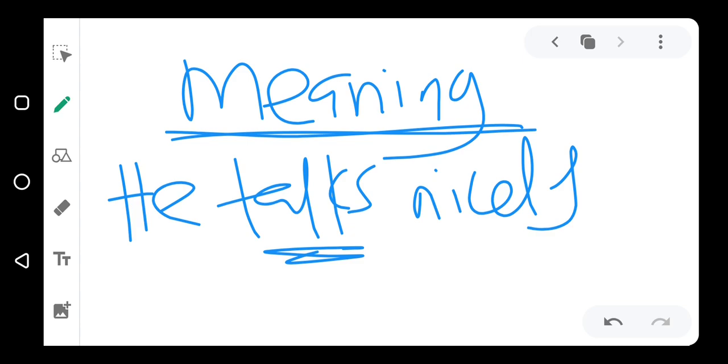We talk about where a verb performs its action, that is adverb of place, and when a verb performs its action, that is the one we call adverb of time, how a verb performs its action, the one we call adverb of manner, and why a verb performs its action, the one we call adverb of reason.